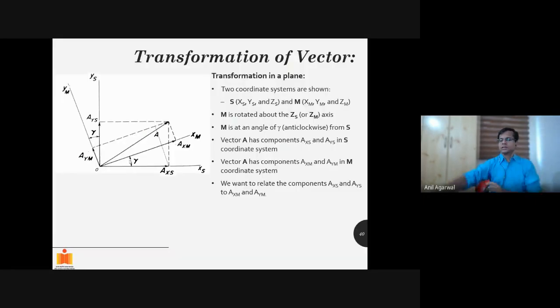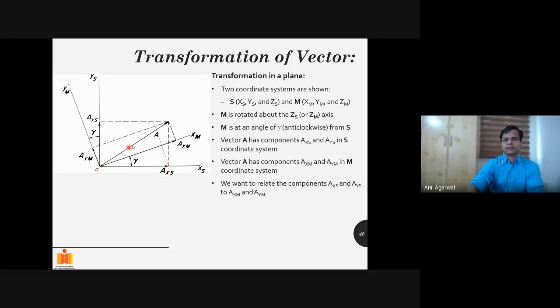So instead of me continuing to draw here and making it more complex, let me refer to this pre-drawn sketch. Just to recap again, this is the structural coordinate system XS, this is YS, this is XM, YM. The M coordinate system is at an angle of gamma in the anti-clockwise direction from XS, rotated about the Z axis.